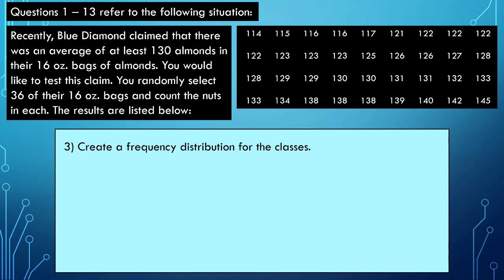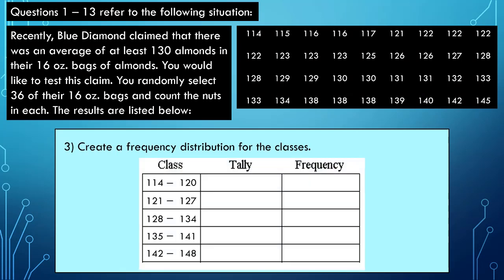Create a frequency distribution. We're going to rely on the same classes that we just defined. We don't need to recreate that work. 114 to 120, 121 to 127, and so on. Now normally we have this center column for a tally.